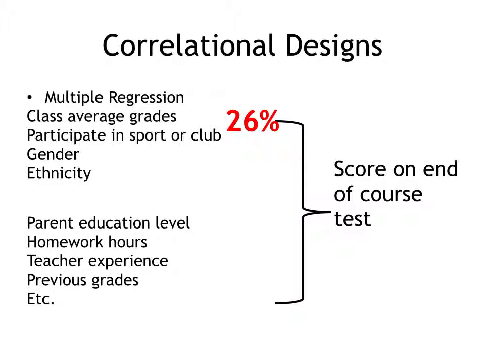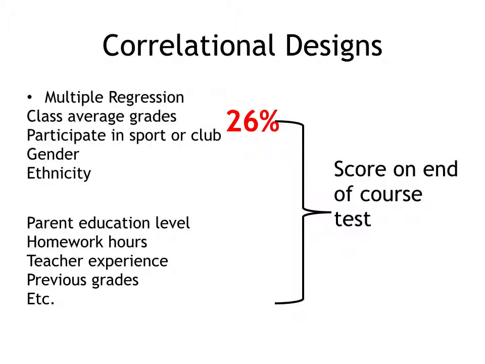So then when I run my analysis, suppose I find that 26% of the variance in the scores that kids get on the end of course tests is related to those 4 variables that have peer influences in them. So I've got this 26% that this relationship I found.